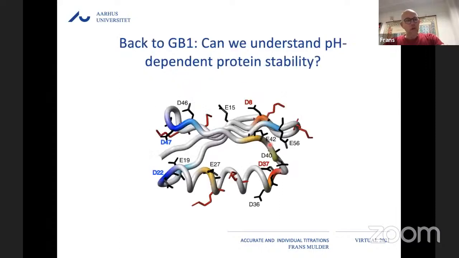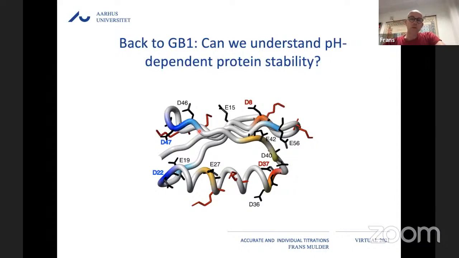One thing that we tried to do now is that, now that we have access to all these individual titration curves, we figured it should be possible, given the literature, to understand also the pH-dependent stability of the protein once we have access to all the pKa shifts inside the folded structure. But of course, we should then also know what the pKa's are in the unfolded state.